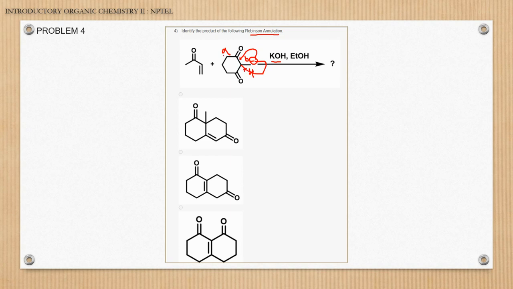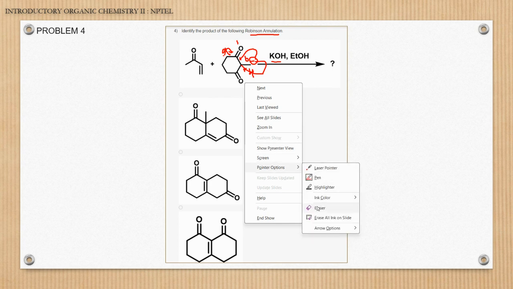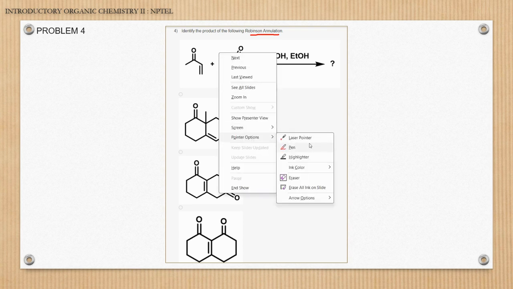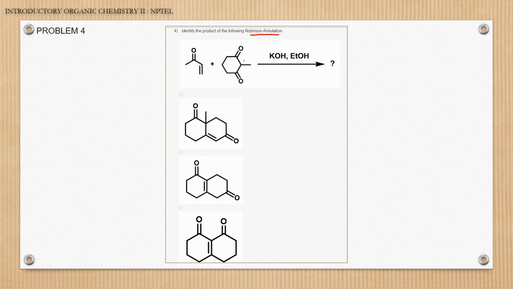But if the carbanion is generated at HA, it is in conjugation with only one carbonyl compound. So the abstraction of the HB proton will take place, and the anion is generated at this position, irrespective of the presence of the methyl group.